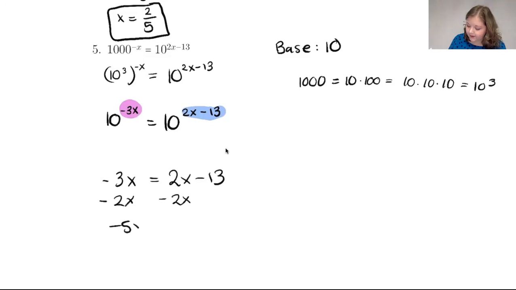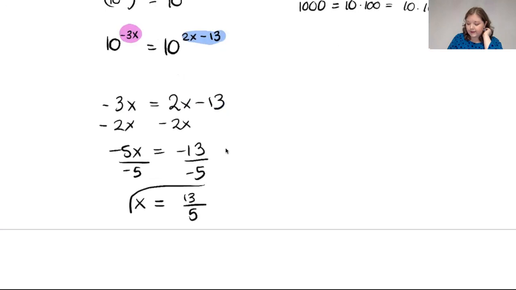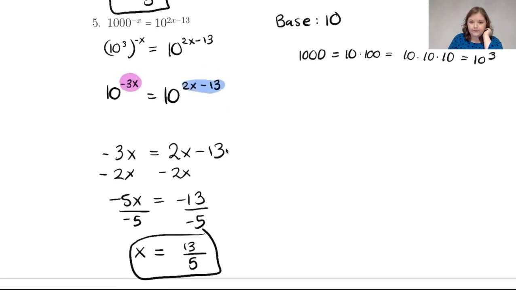So negative 5x equals negative 13. Then we'll divide by negative 5. So it should be 13 over 5, and then negative divided by negative becomes a positive. So it's a positive 13 over 5. And that is the answer to number 5.